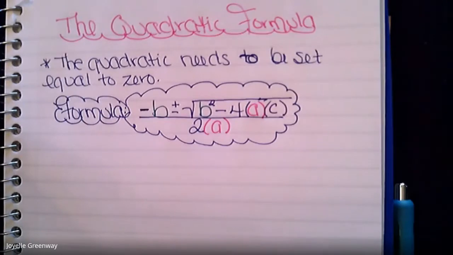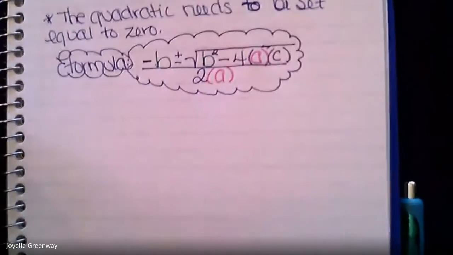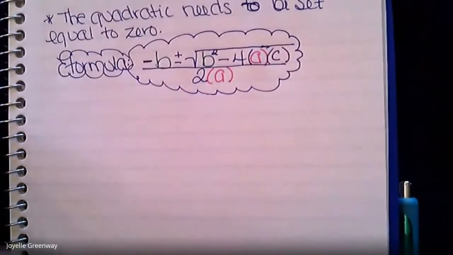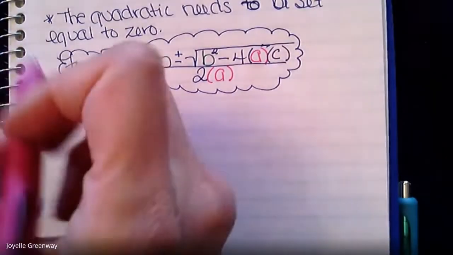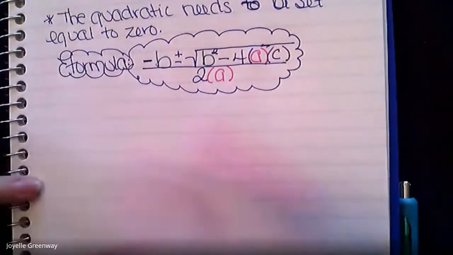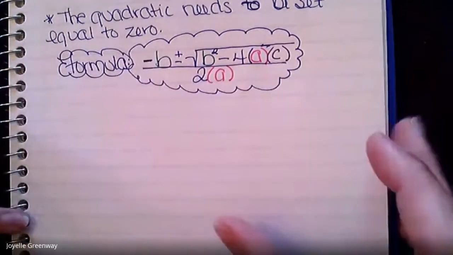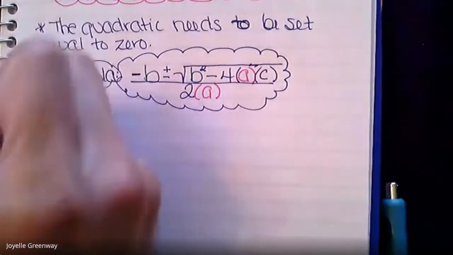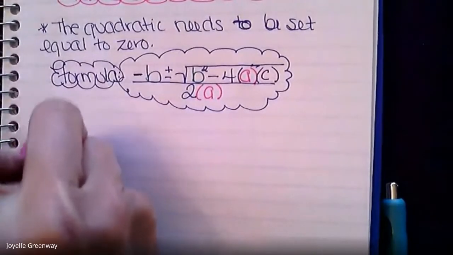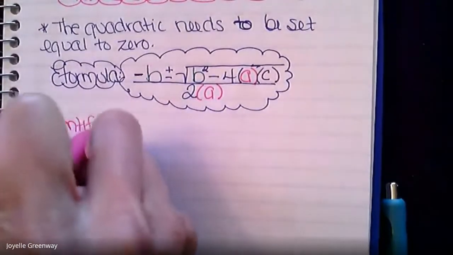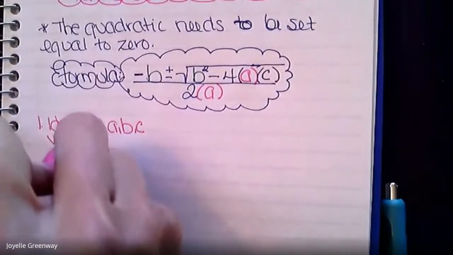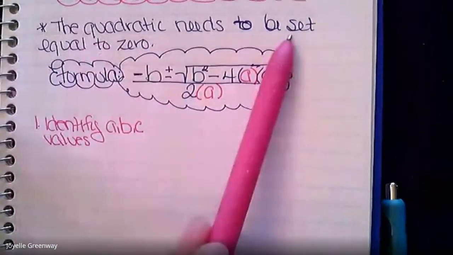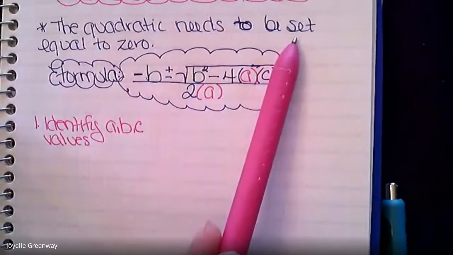Okay, so basically what you want to do, just like all the other examples that we did, you want to identify your a, b, and c values. So step 1 would be identify a, b, and c values after you made sure that your quadratic is equal to 0.